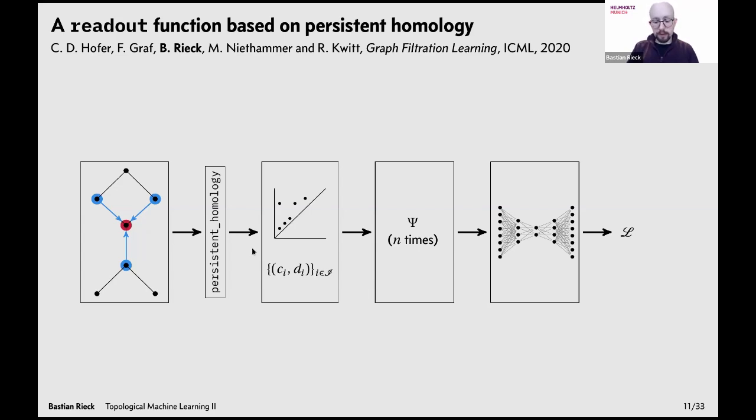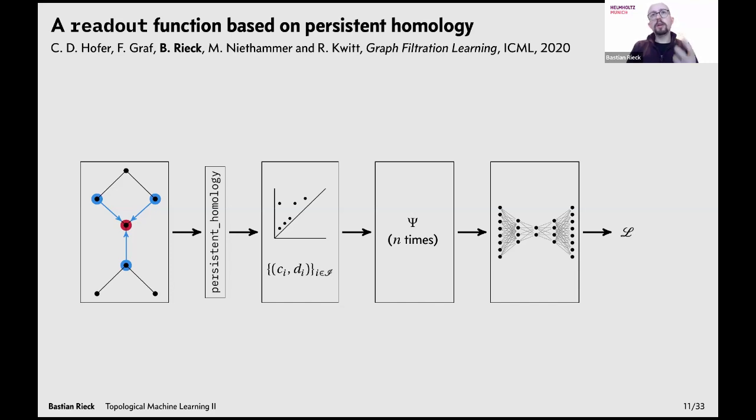It's also an ICML 2020 paper, and it had a very, very profound question in there, namely, given a graph, we can do message passing, right? We can also do persistent homology of the resulting representations, but we don't really know how to learn a good filtration for a specific task.